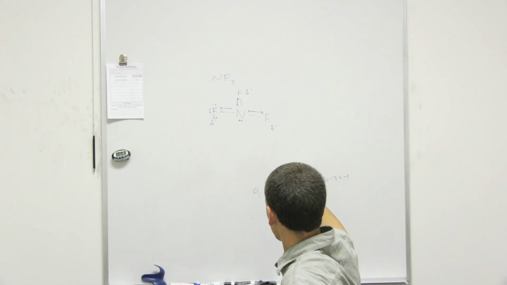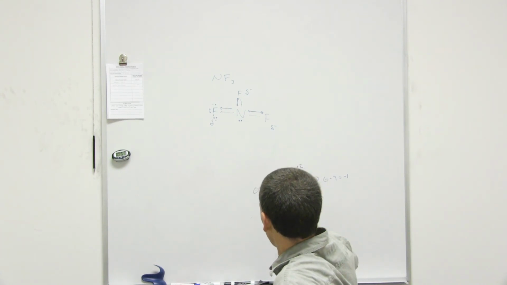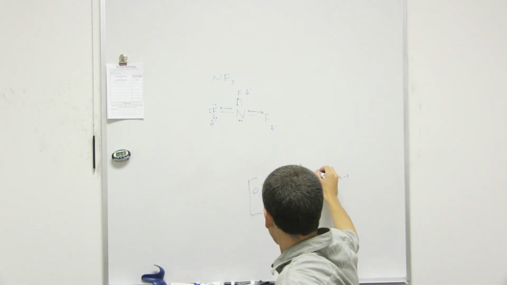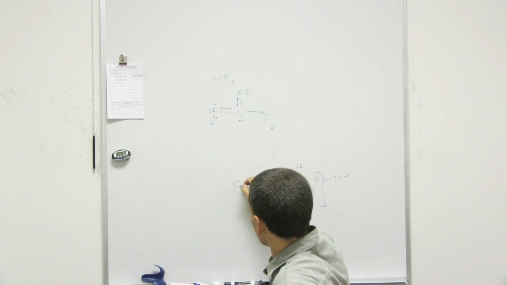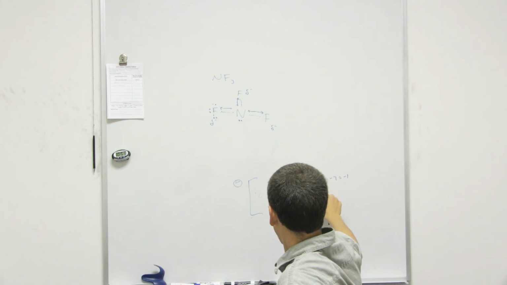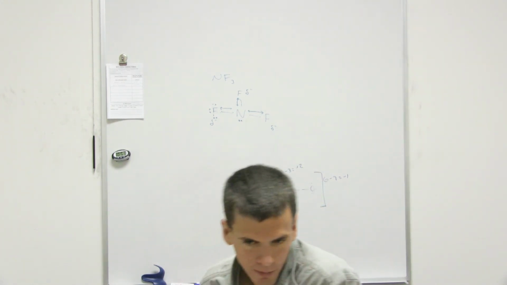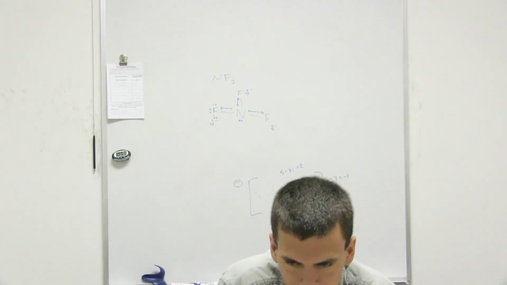So 5 minus 3 equals a +2. So overall the charge distribution, because this cancels out with 2 of those, is just a negative. And so they'll just write it like that and not place these charges, expecting you to just know that that's how the charges work. It just saves time.